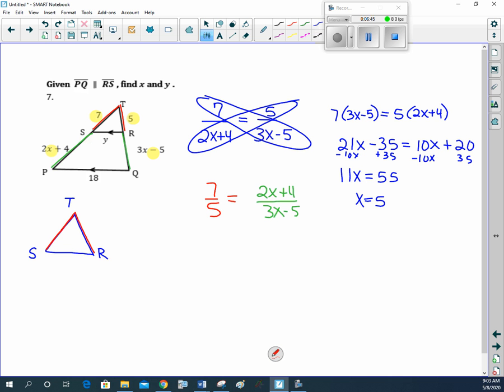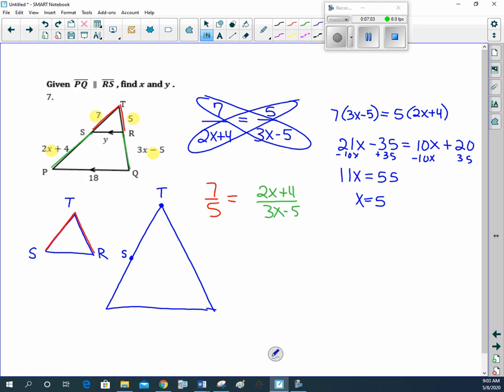Okay, now I'm going to draw the other triangle that it's nested inside of. So it kind of goes bigger like this. Okay, and then T would be here.